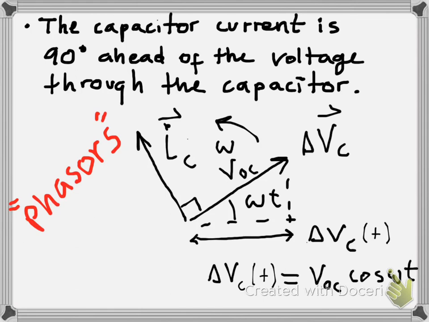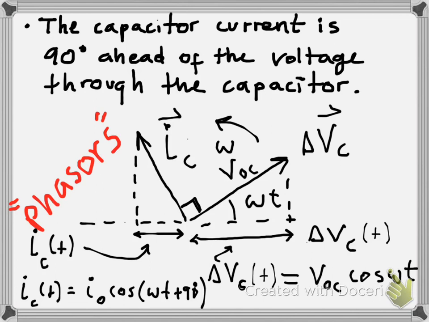If the potential phasor makes an angle of omega t, then its x component is going to be V naught C, the peak voltage in the capacitor, multiplied by cosine of omega t. That's going to be the voltage through the capacitor as a function of time, and the projection of the current phasor on the x-axis is going to give us the current as a function of time.